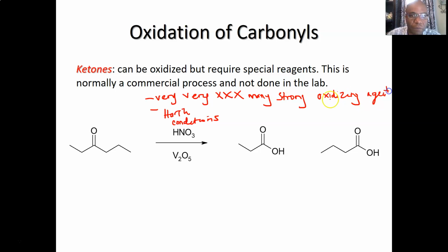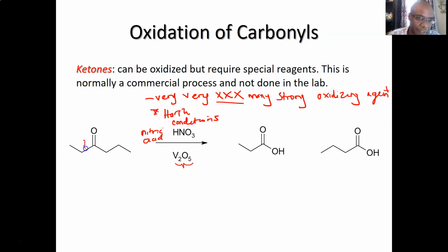So that's why I'm saying you have to use harsh conditions. For example, nitric acid accompanied by vanadium pentoxide, which is just a catalyst, can help you to oxidize ketones, but doing so, it's going to chop up the ketone. There's going to be a loss.